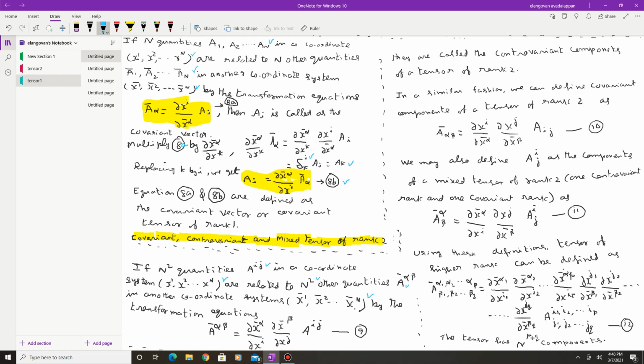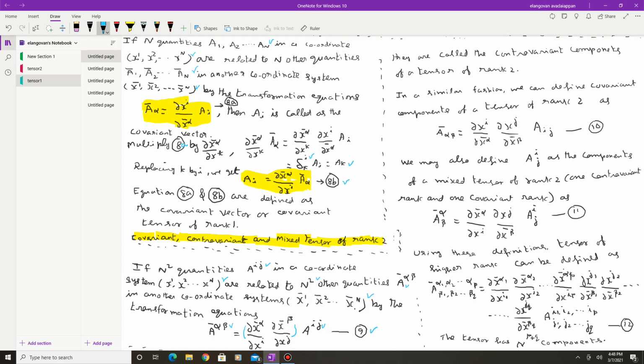Now let us consider these two coordinate systems, and the transformation is of this form. A alpha beta bar is equal to partial x alpha bar by partial xi, partial x beta bar by partial xj, times Aij. This is expressed by equation 9. One quantity is expressed in the unbarred system, another in the barred system, and the two are related by this transformation.